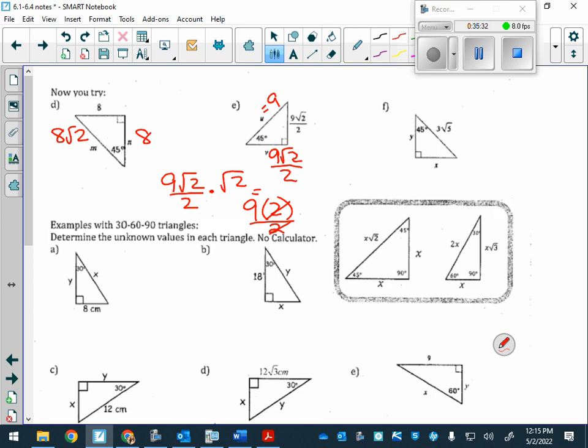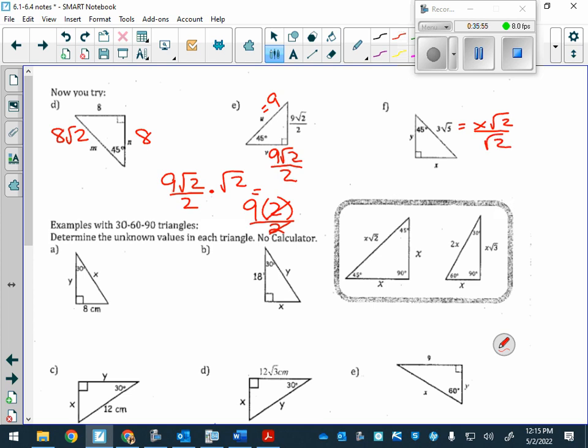Okay, so if we're given 3 root 5 as our hypotenuse, x and y, are they going to be the same? Yes. What do we end up getting for our side lengths? Campbell? 3 root 10 over 2. How many of you did get that? Good. Okay. So we know this is equal to x root 2.